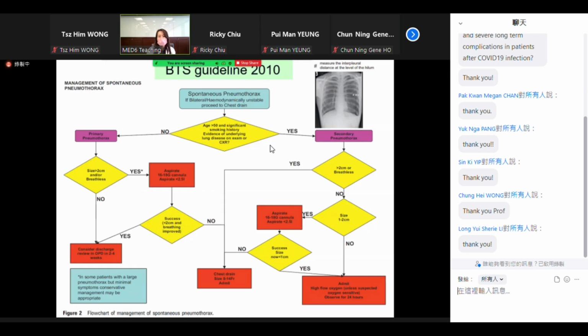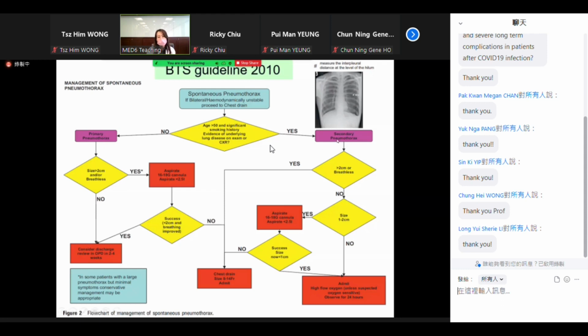So first of all, when you look at this algorithm, you have to categorize the pneumothorax as primary or secondary. Primary, as I said, is a pneumothorax occurring in young, thin, tall gentlemen without underlying lung disease.